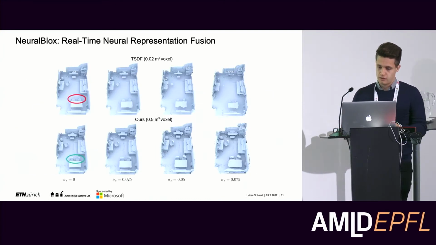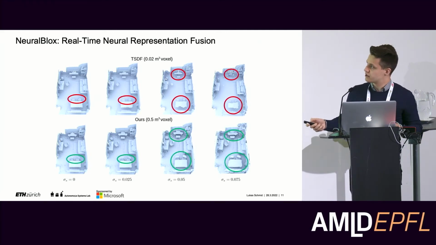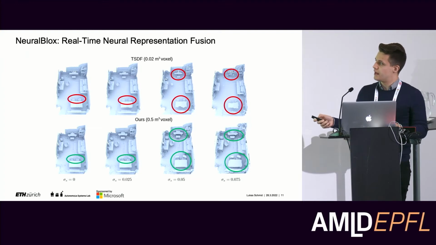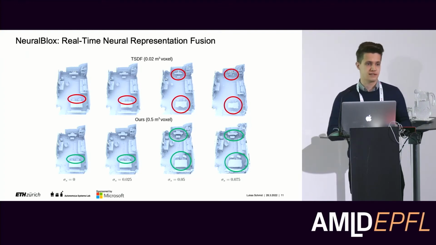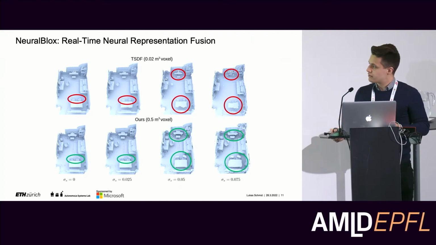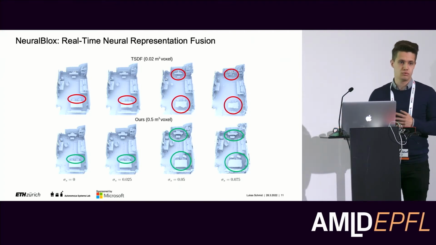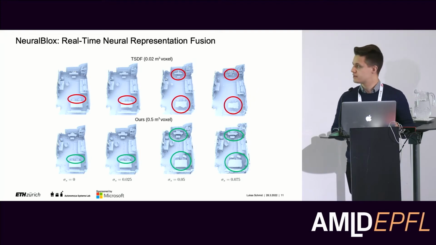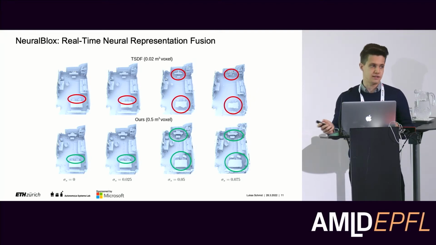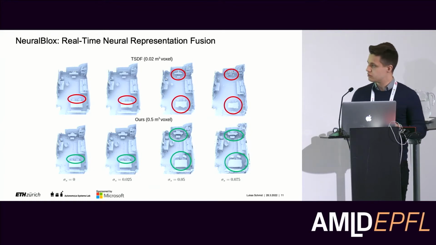And we observe exactly these effects, that as the noise gets bigger in classical representations, thin surfaces cannot be captured as well, and they tend to not be well represented in your map, whereas our method has some thickening artifacts due to the noise, but the important part for robotics is you actually capture these objects in your map, because you don't want to navigate into these if you're a drone or something like that.